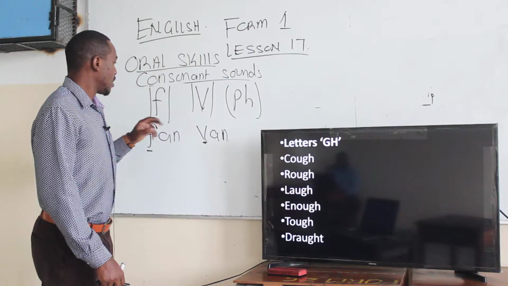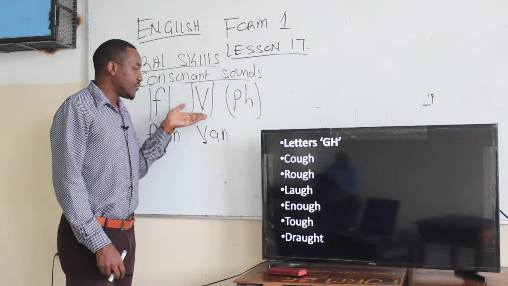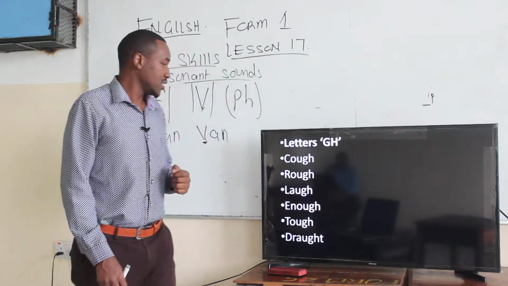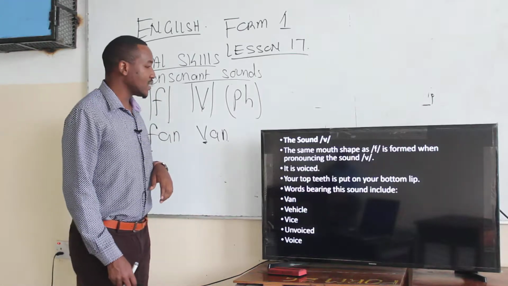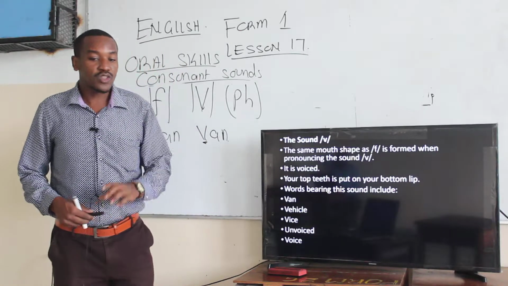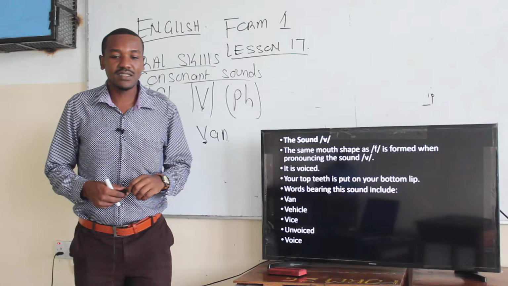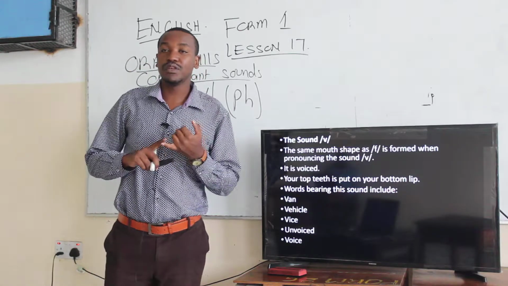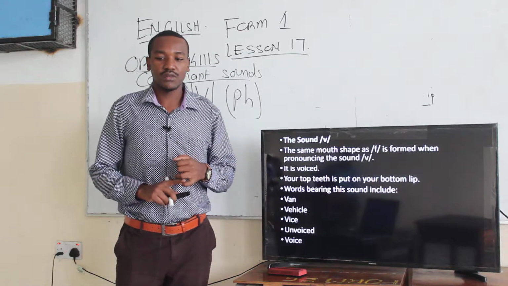Now let's look at the voiced part. So what is happening to the vocal cords? They are vibrating, so that we can produce this sound. Let's look at this sound V. It has the same mouth shape as F. In this case, when pronouncing the sound V, one, it has to be voiced, so there must be a vibration of the vocal cords.